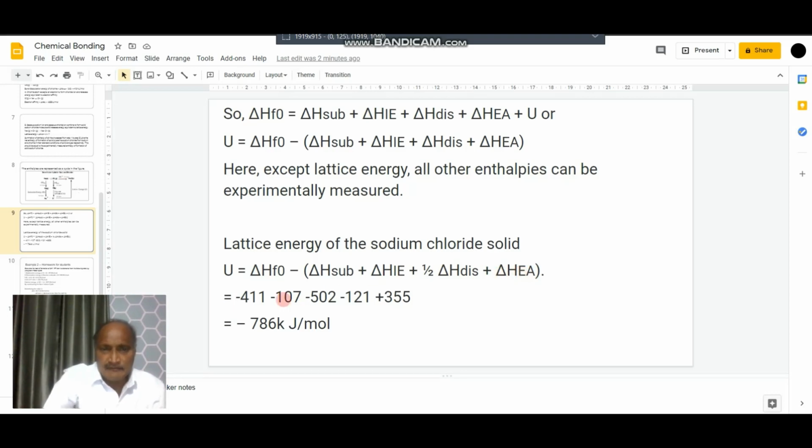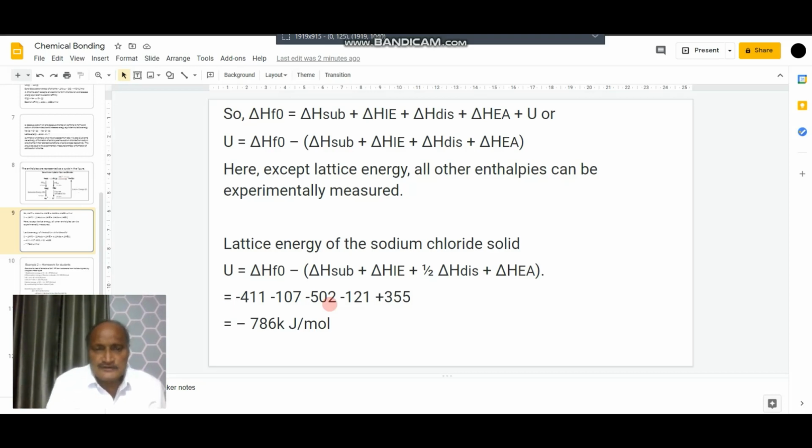Substituting the given values in the above equation, that is heat of formation is equal to minus 411, sublimation energy is equal to 107, ionization energy is equal to 502, dissociation energy is 121, and electron affinity value is equal to 355.